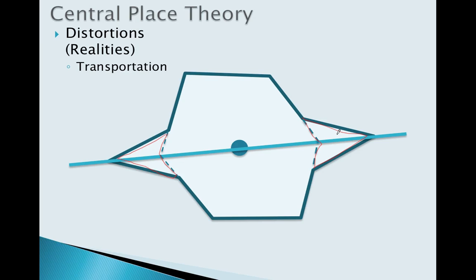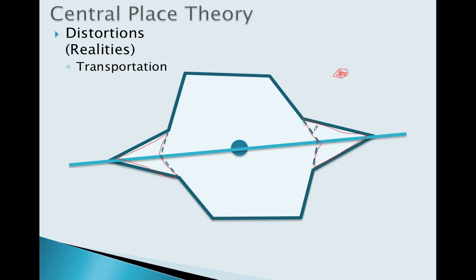So what happens is that the trade area that belongs to the hexagon of the town that we're considering grows in size with distorted shape, and it is at the expense of perhaps a town that is not on the highway. So that's not really a circle, but that's what it's supposed to be. I'm drawing in a little town over here. This town's hexagon will shrink. It'll become smaller, and it will lose customers competitively.